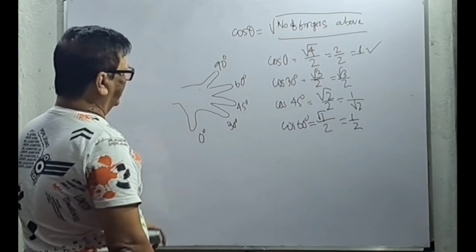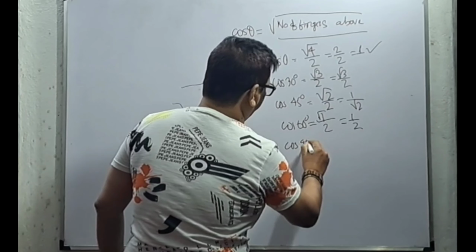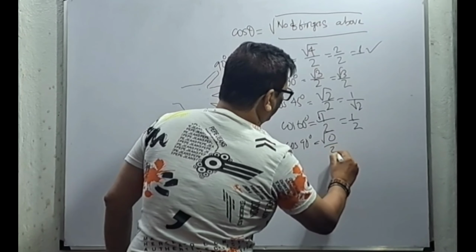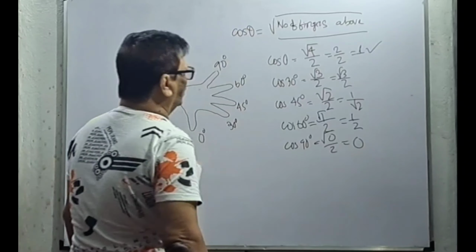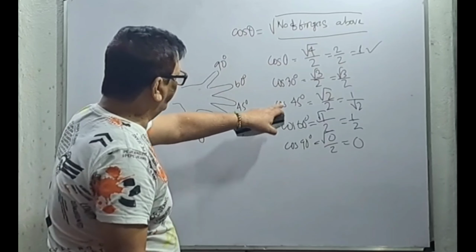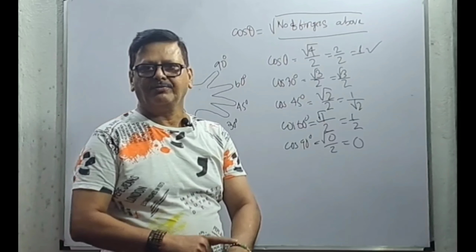Cos 90 degree, number of fingers is 0. So cos 90 degree is equal to root over 0 by 2, which is 0. So these are the values of cos 0, 30, 45, 60 and 90. And this was our hand trick for cos.